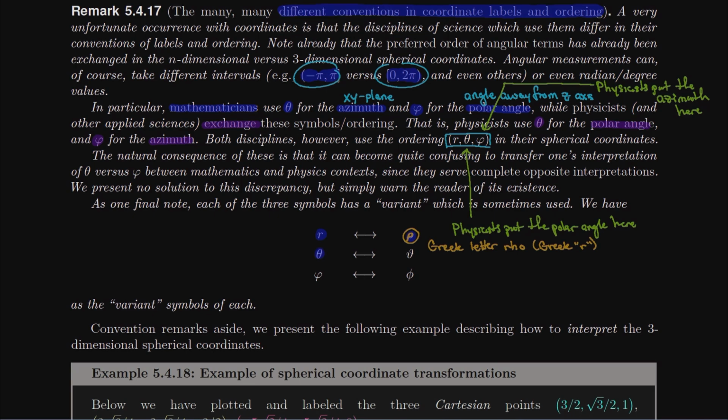There's a variant version of theta, which looks like this weird script V, but it's not. It's actually theta. Sometimes you'll see that. I've seen a lot of European texts use the variant of theta. And then you've already seen the variant of phi, of course, which is like the other version of phi. So there are 2 versions of phi, there are 2 versions of theta, and sometimes R gets swapped for rho.